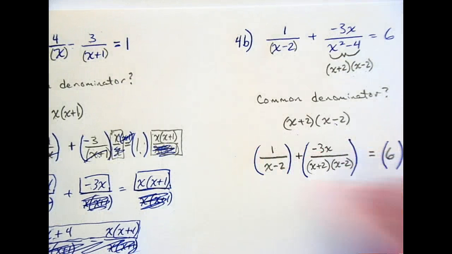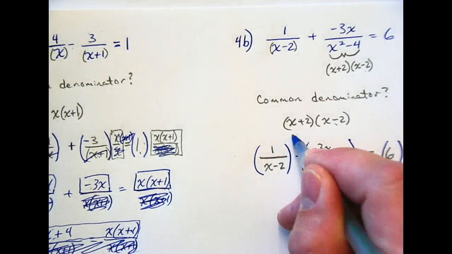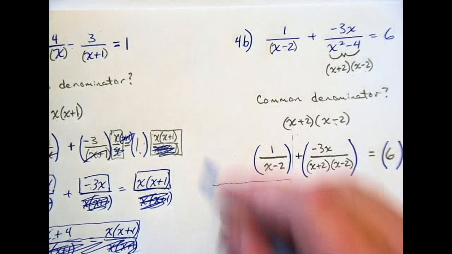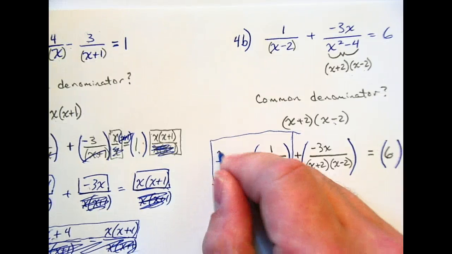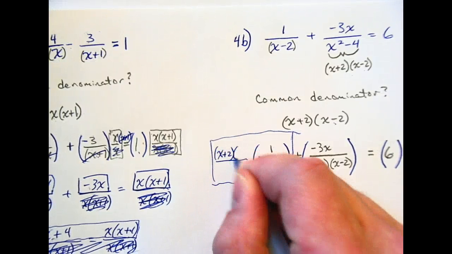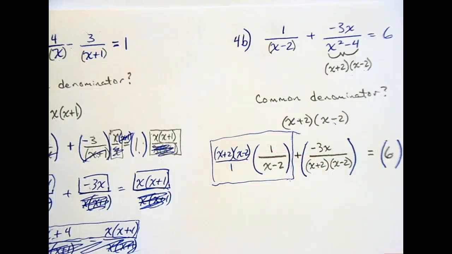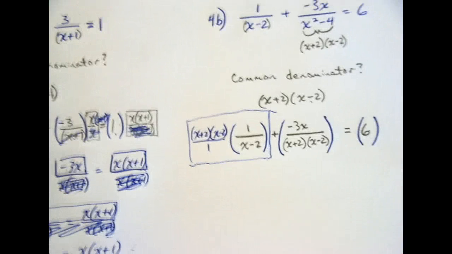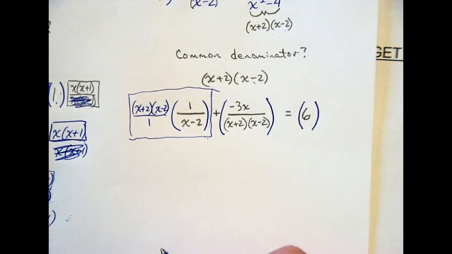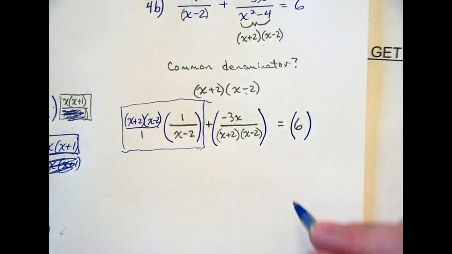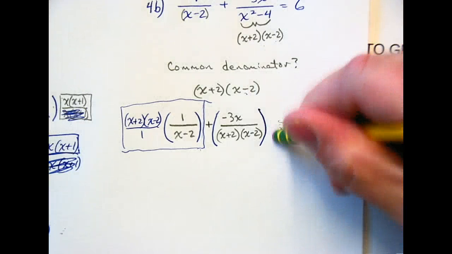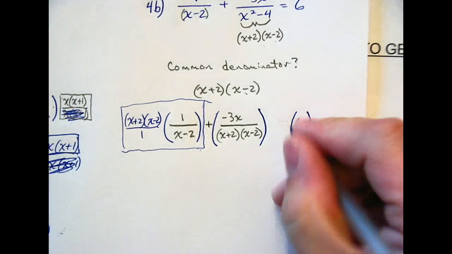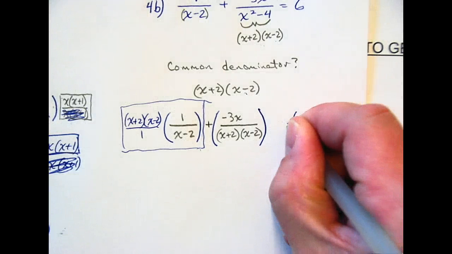Right. So I'm going to multiply this first term right here by just the common denominator. So I'm going to multiply it by x plus 2, x minus 2 over 1. You guys with me there? Okay, and I didn't give myself a lot of room on this one, but make a smaller equal sign there.